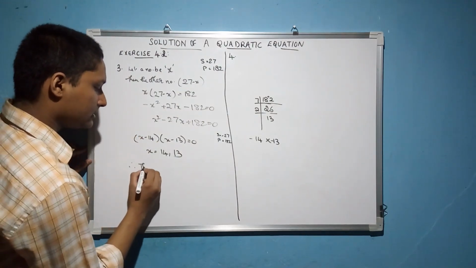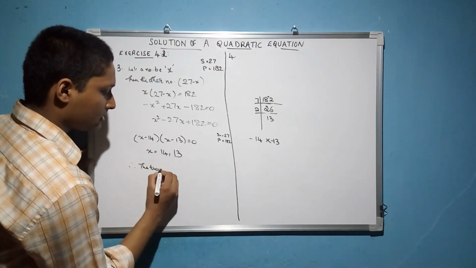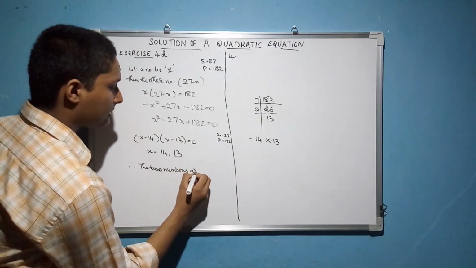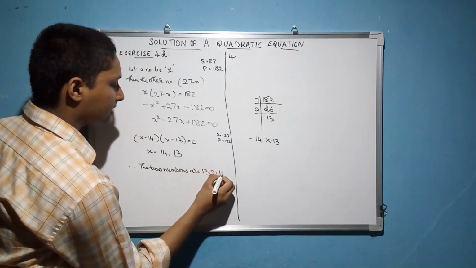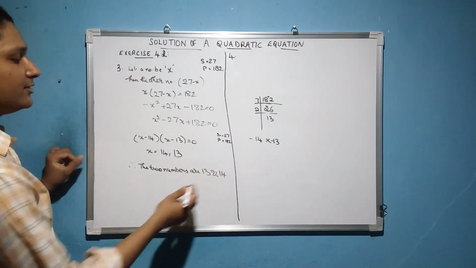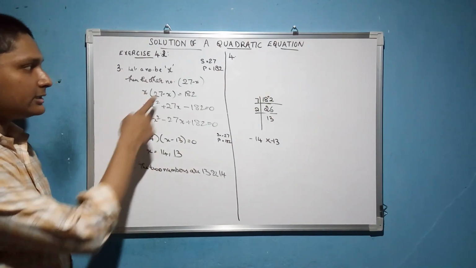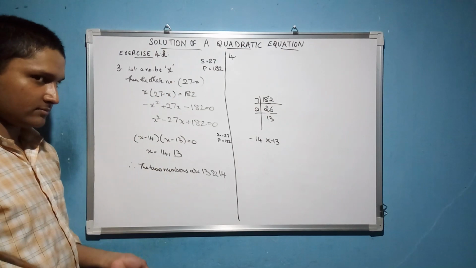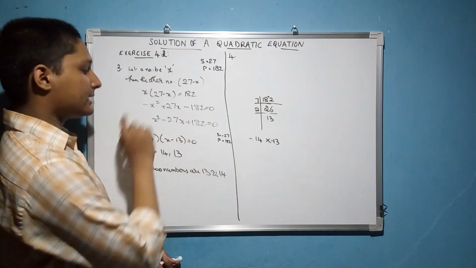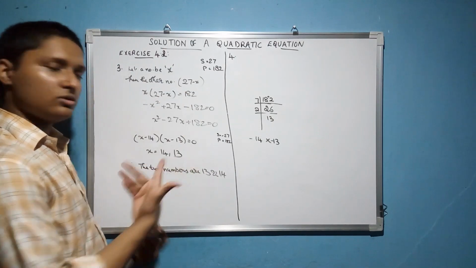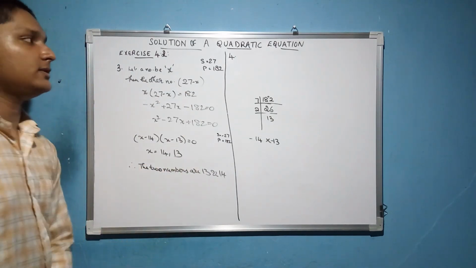Therefore, the two numbers are 13 and 14. Because when you take x to be 14, you get 27 minus x as 13. When you take x to be 13, you get 27 minus x as 14. Therefore, those two are the only numbers that are possible.